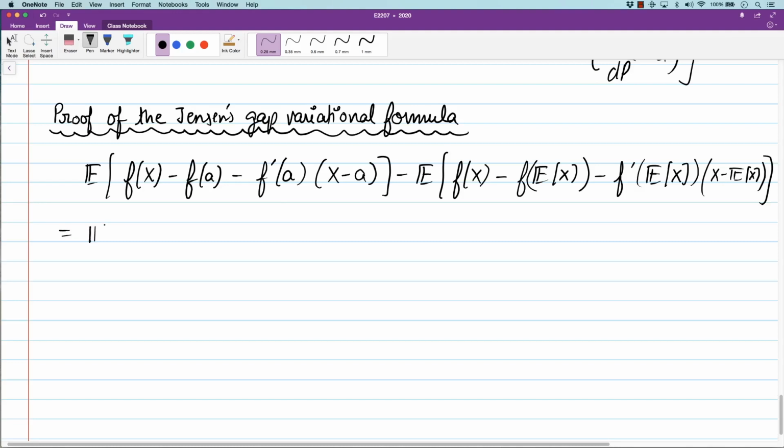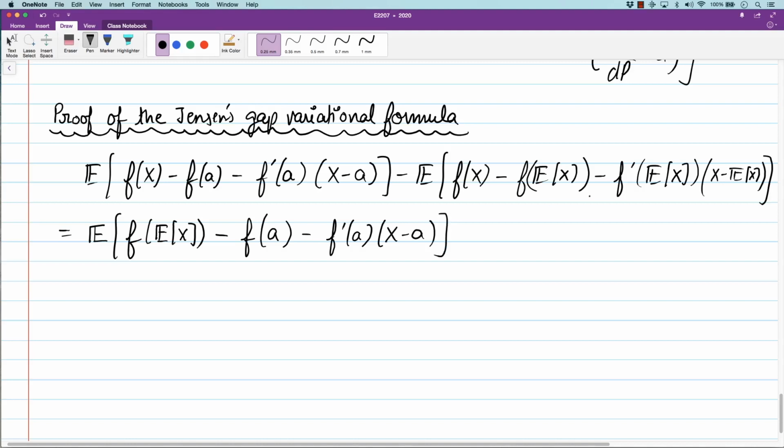So let's just take expectation outside, and we see that f(x) cancels, so you get f of expected value of x minus f of A, and now minus f'(A)(x minus A). Now this expected value here is 0, so that's all, because this is a constant, so these two match.